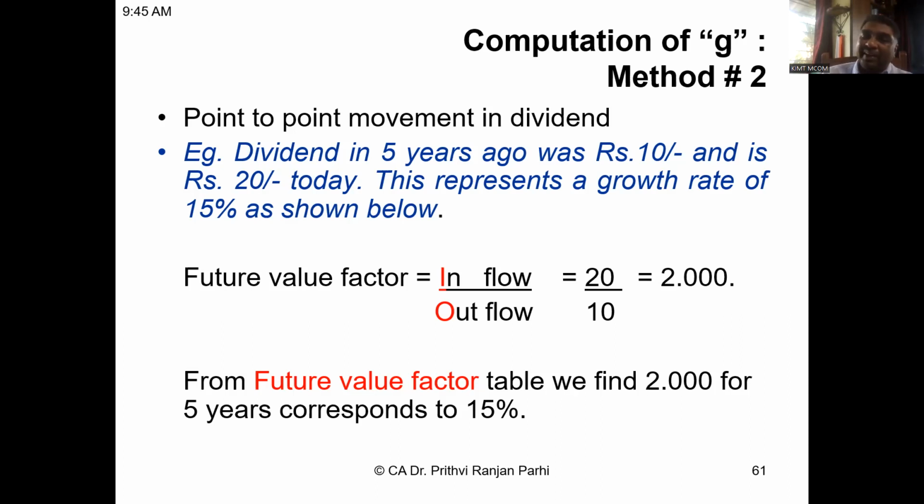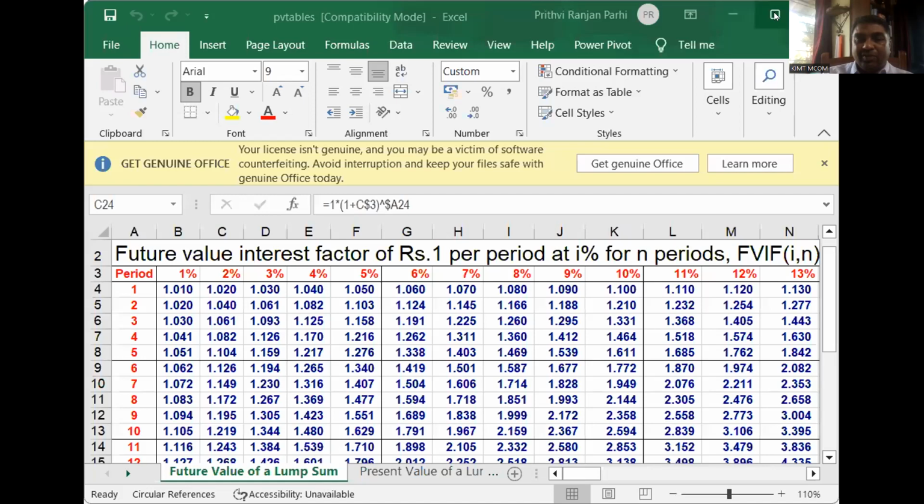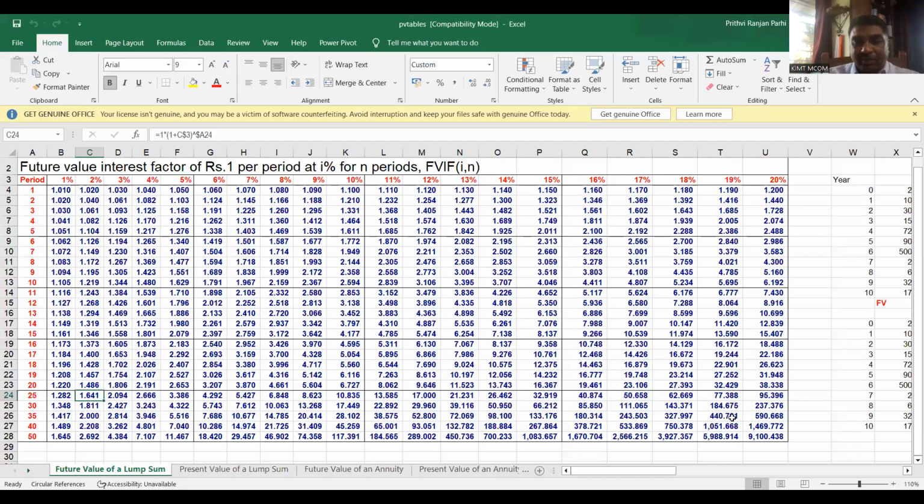Now you have 20 by 10 is equal to 2. Let me take you to the future value table, and now you search for the future value factor for 5 years. Let me share my screen again. This future value factor table is also shared with you. If you look at your screen, this is the future value factor of a lump sum. And we are interested to know it for 5 years.